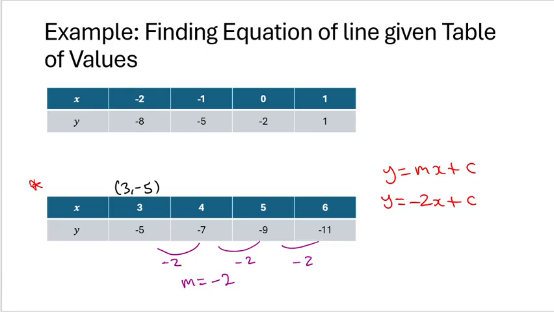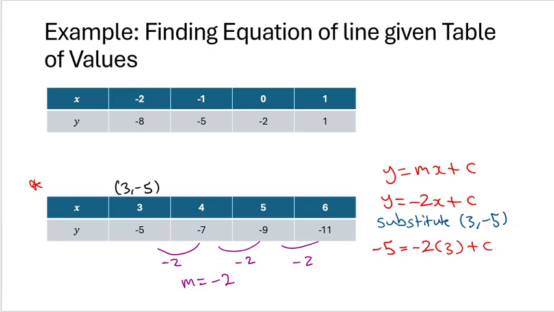Now I'm going to pick a coordinate point. I've already selected one out already. So it's (3, -5). I'm going to substitute, okay? Just like that. So wherever I see x, I'm going to replace it with the number 3. Wherever I see y, I'm going to replace it with the number -5, okay? So -5 equals -2(3) plus c.